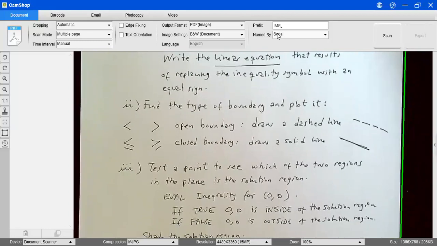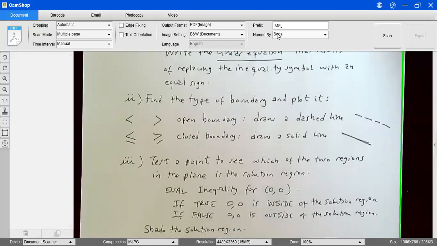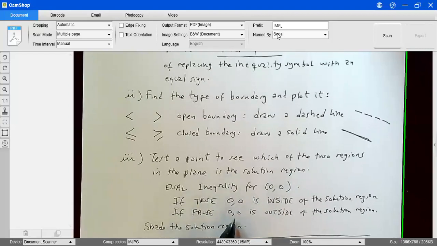So you're going to pick any point. For simplicity, we use the point 0, 0, the origin, to evaluate the inequality. If you get a true statement, then that means that the origin is inside of the solution region. If you get false, then that means that the origin is outside of the solution region.